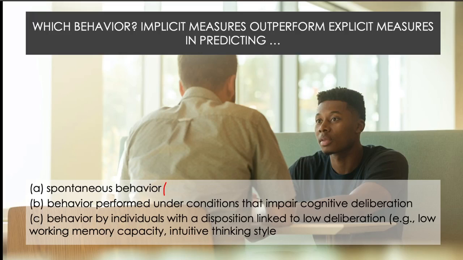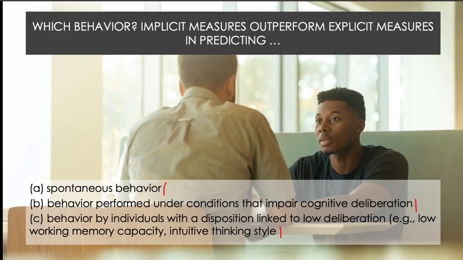This is when implicit biases matter more, very much in ambiguous situations. It also has a stronger prediction in people who do not like to think a lot. So if you are a go-with-your-gut person, not thinking too much about a situation, then your implicit attitudes better predict your behavior. But if you're very controlled and deliberative, then not.